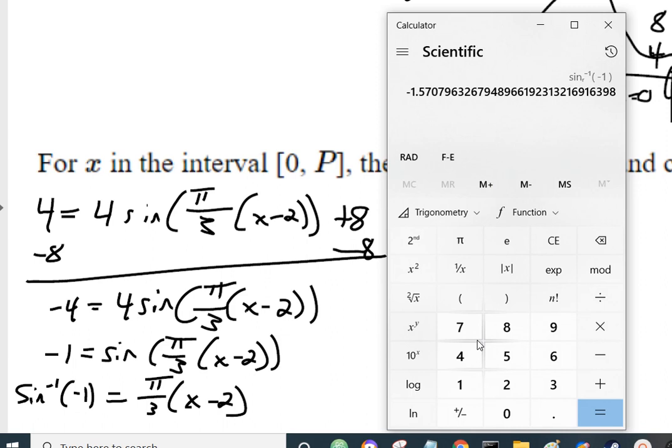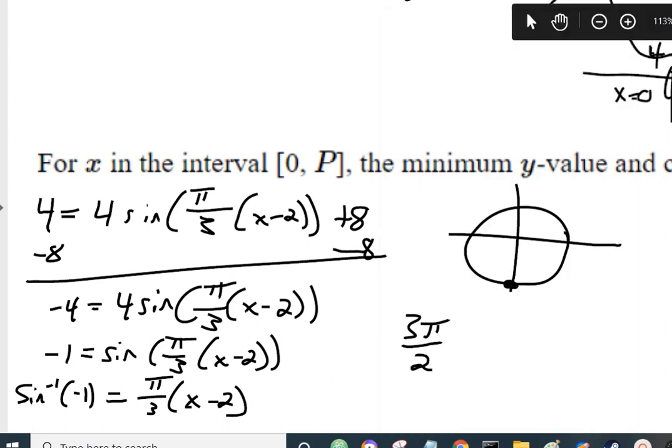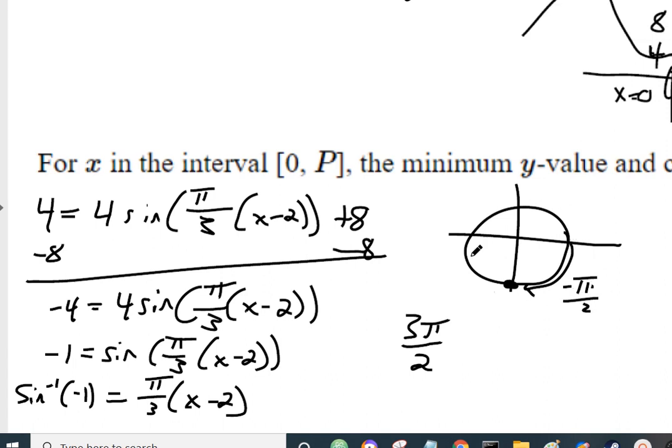Yeah, that's the negative, so that's a negative angle, right? Which is the same thing as what we have here. If you do negative pi over 2, that's the same thing as doing 3 pi over 2, right? So either one is the same angle. They're coterminal. Negative pi over 2 is the same as 3 pi over 2. So I'm going to use 3 pi over 2.